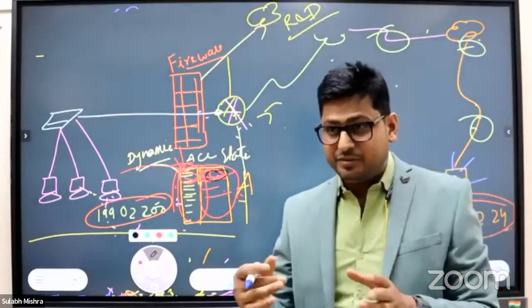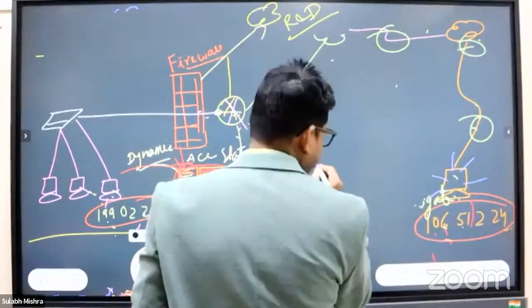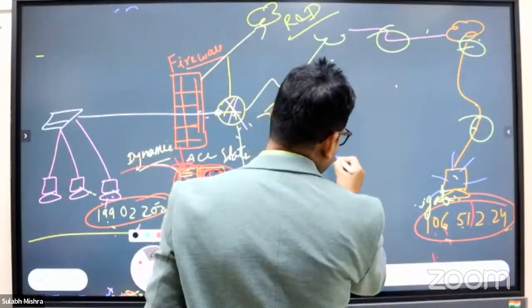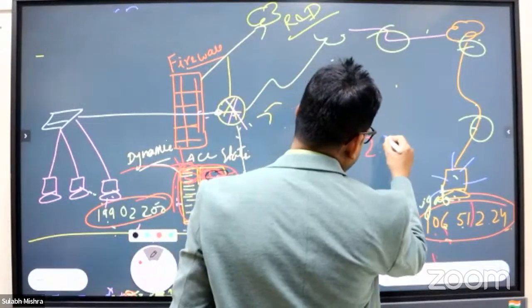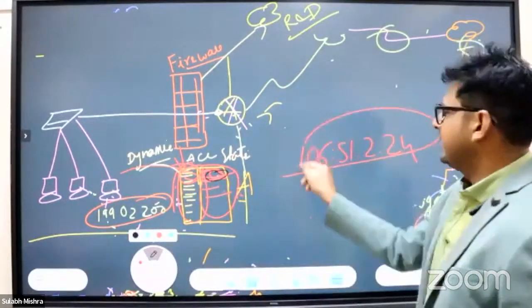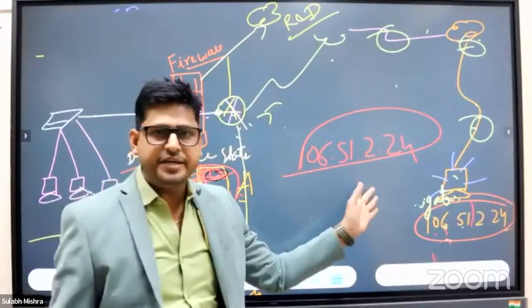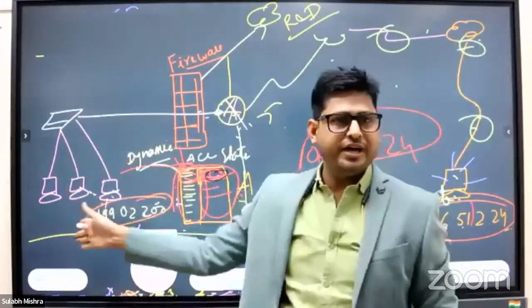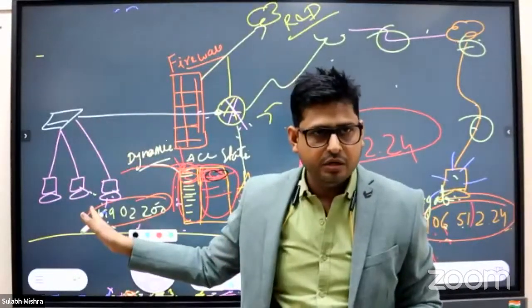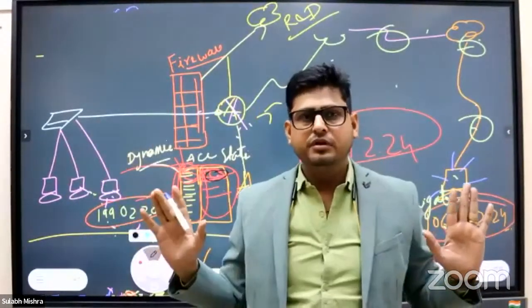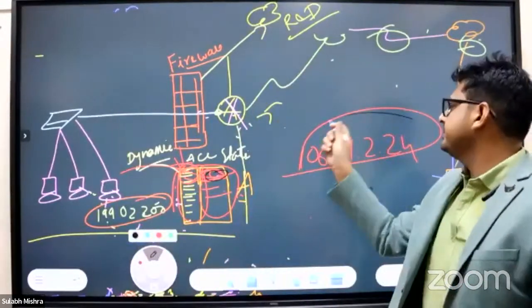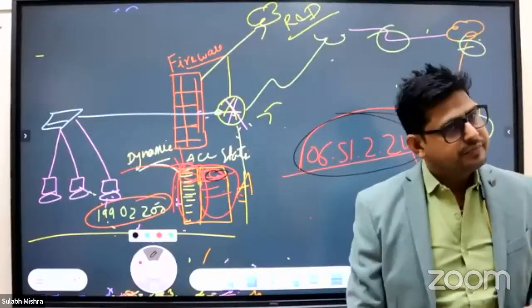For example, if you want to disallow a particular IP, 106.51.2.24, meaning any traffic coming from this IP address going towards any IP address inside my network should be blocked, then you can block this IP itself. Get what I mean?